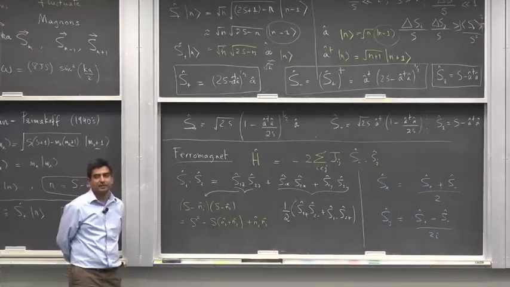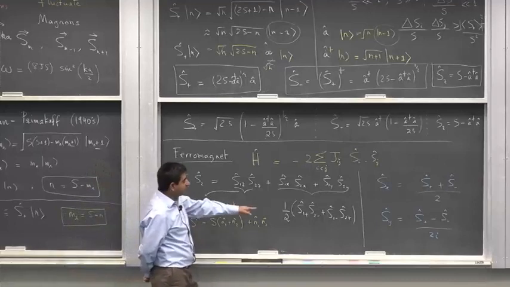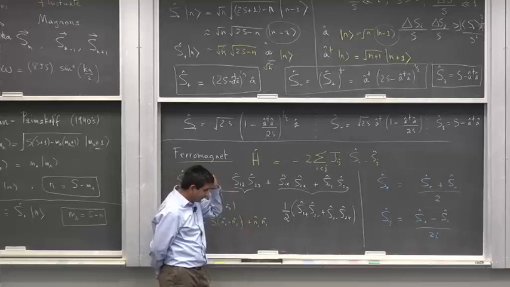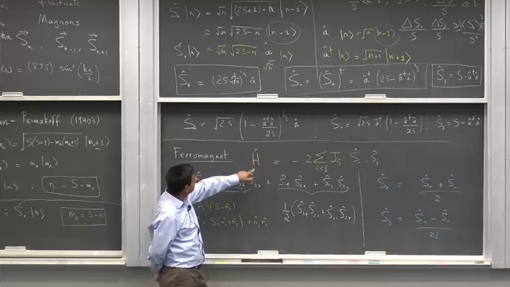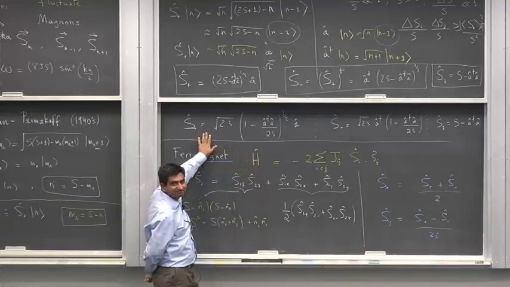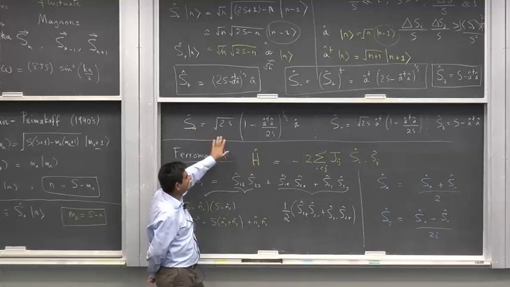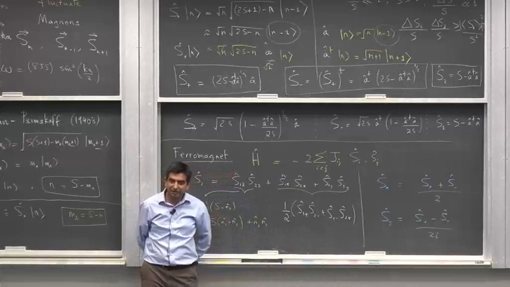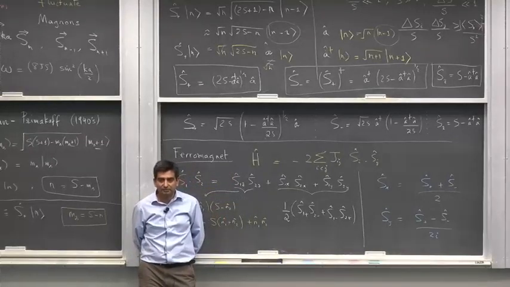Now I have the Holstein-Primakoff transformations. What I could do now is replace the S pluses and the S minuses with these expressions, which involve the creation and annihilation operators. Let's do that.